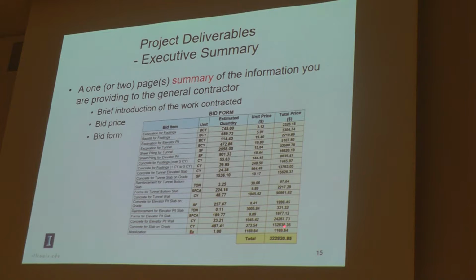This price is what you're going to charge for the work you will be doing. If you don't have any clue on what the bid form is and what you're going to do, don't worry, because as the class goes, Professor Harry will introduce in more detail what you need to do to make a bid form.